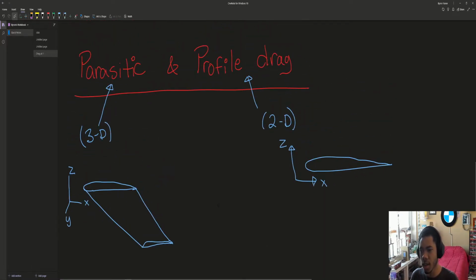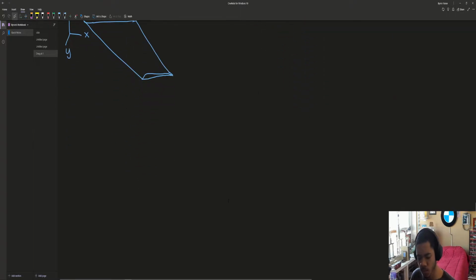Now, what exactly are the parasitic and profile drags? Well, by definition, they're the same thing, but what they're used for is not. So, by definition, they are the sum of the drag from your pressure drag and your viscous drag.